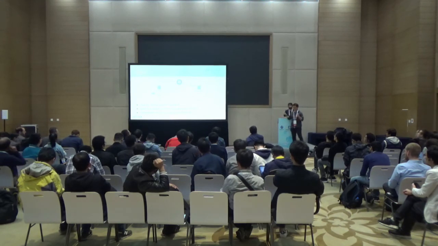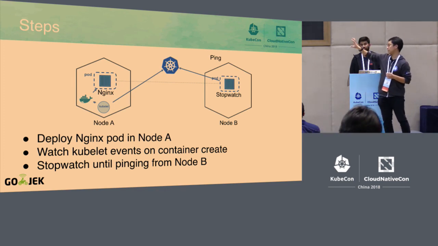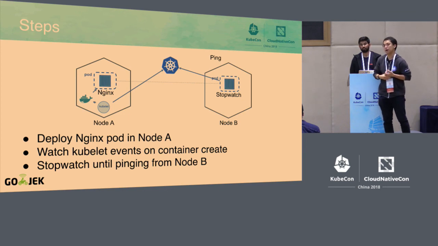When you deploy a pod, the typical Kubernetes thing, the Kubernetes scheduler will annotate that somewhere in the Kubernetes state, and then kubelet will watch that and say, oh, I need to spawn the pod that is not running yet in my node.